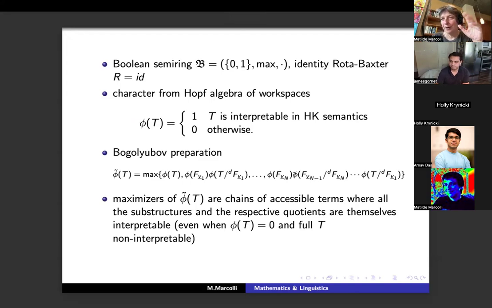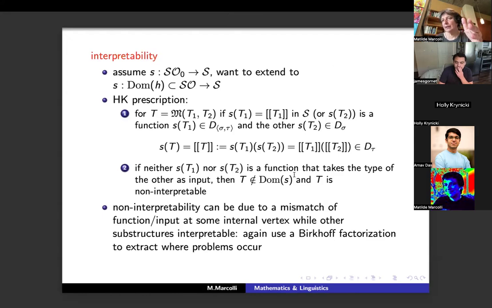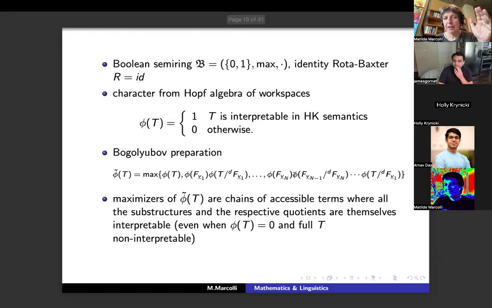There, we don't have any filtering except the identity Rota-Baxter structure. And so the only character that we can construct is the one that checks if something is parsable or not parsable according to this notion of parsability of the Heim-Kratzer semantics.